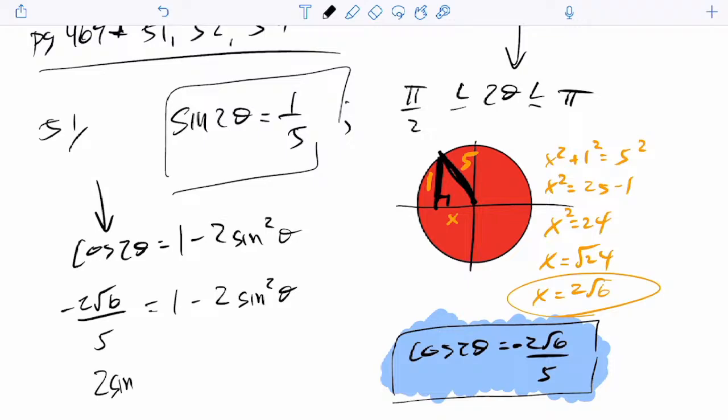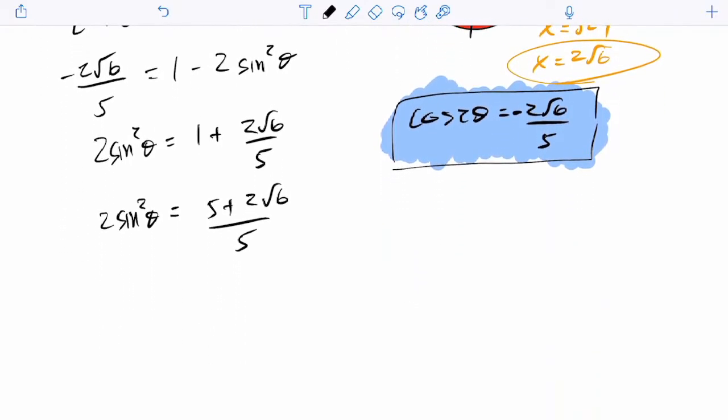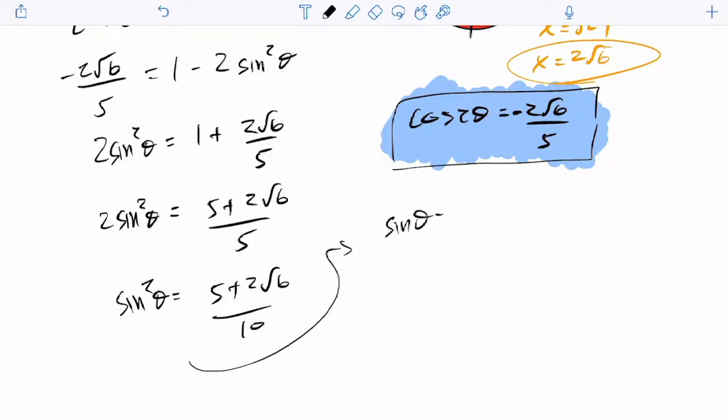This will be 2 sine squared theta equals 1 plus 2 root 6 over 5. Right, and there's the sine of theta.